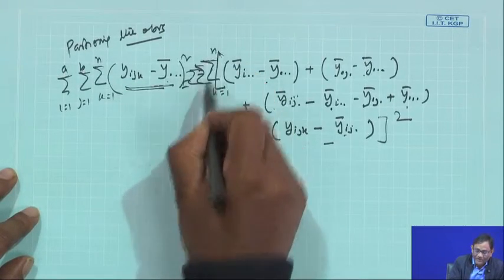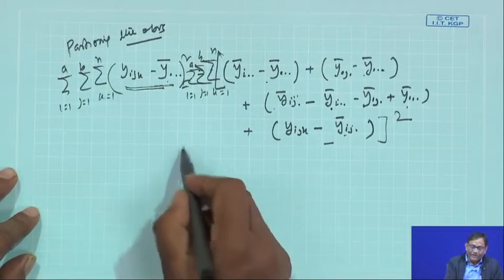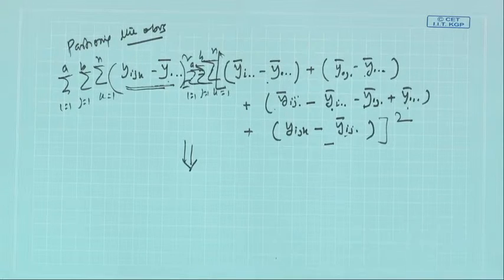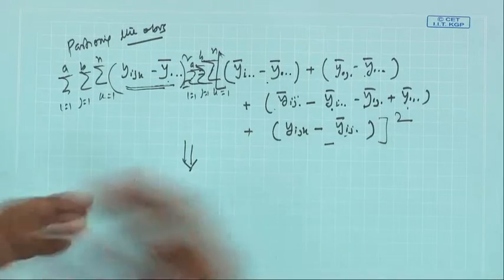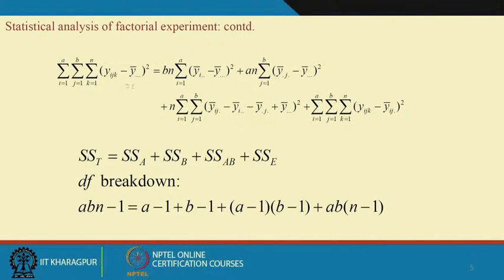The resultant, after algebraic manipulation and taking the sum, is that the cross-product terms will be deleted, and then ultimately you will get this equation.